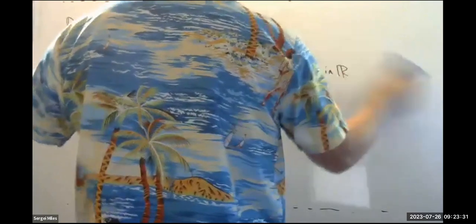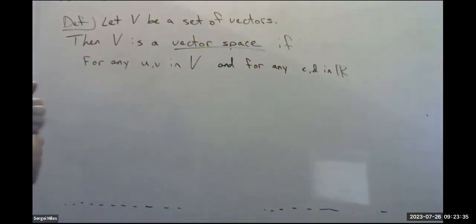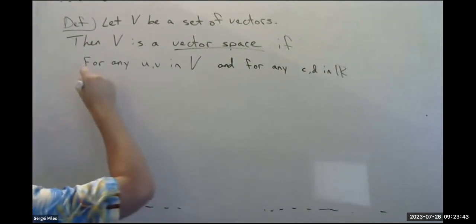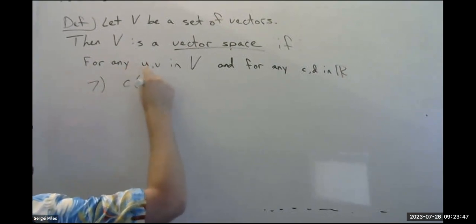All right. And we've seen some examples of things which are not vector spaces. And we'll also talk about other examples of vector spaces besides R2, R3, R4. Okay. So next, number 7, we want to be able to have the distributive property.